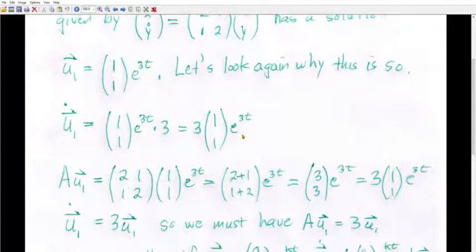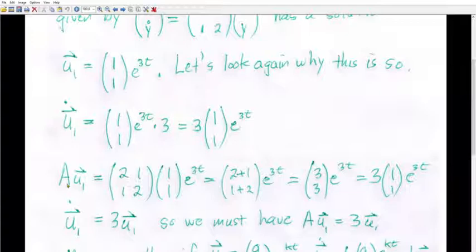Now what's got to happen is that Au1 has to be the same thing. And Au1 is our matrix [2, 1; 1, 2] multiplying the column vector (1, 1) times e to the 3t. You do the matrix multiplication: 2 times 1 plus 1 times 1, and 1 times 1 plus 2 times 1.